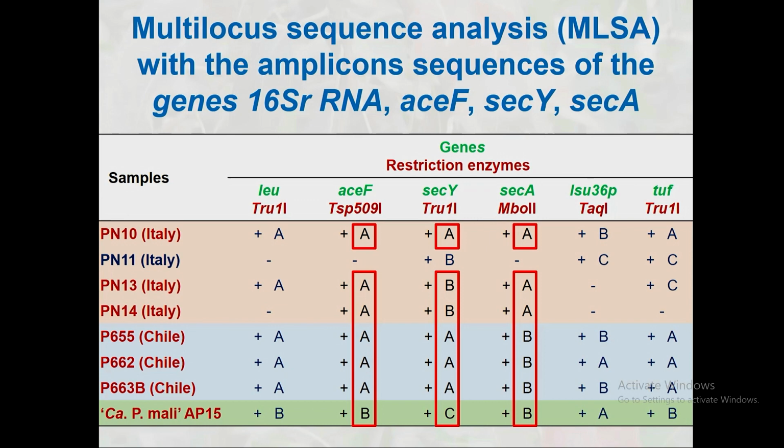Finally, we use for multilocus sequence analysis only the 3 genes ASF, SEC-Y, and SEC-A that were totally amplified, with the unique exception of PN11, where we only obtain 3 amplicons out of 6. And then the MLSA was made with these 3 genes and all the samples not including PN11.